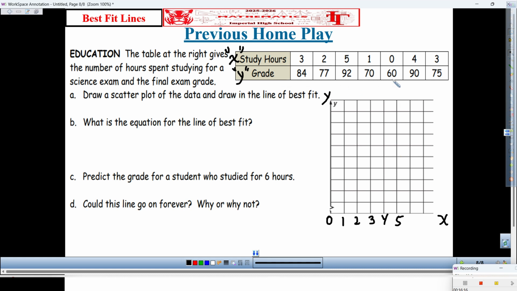What's the smallest grade that we have here? 60. So we're going to start at 60. And what did we do when we did the shoe size? We went by halves. Is that correct? And we're going to go all the way up to 92. That means 95. So I'm going to go 60, 65, 70, 75, 80, 85, 90, 95. I'll give you guys some time to copy that and set it up.